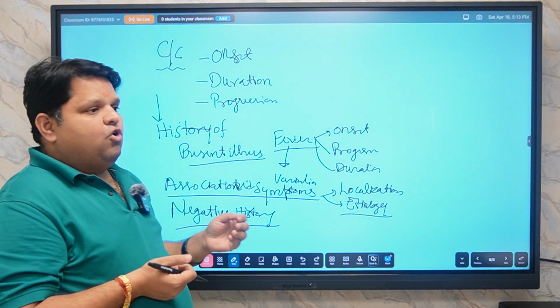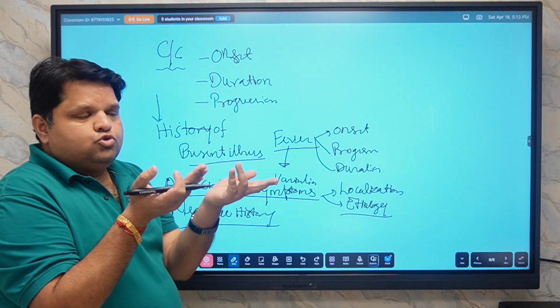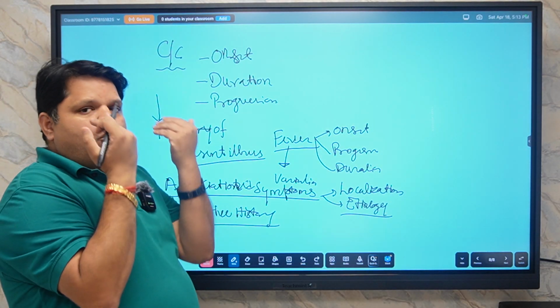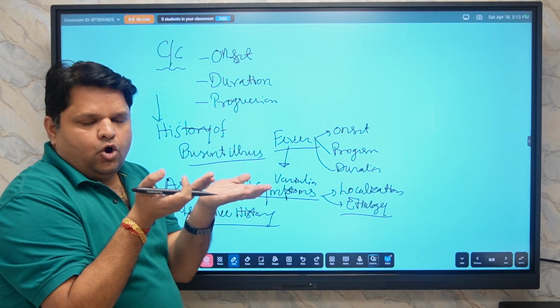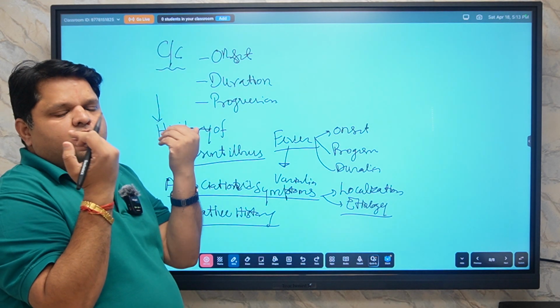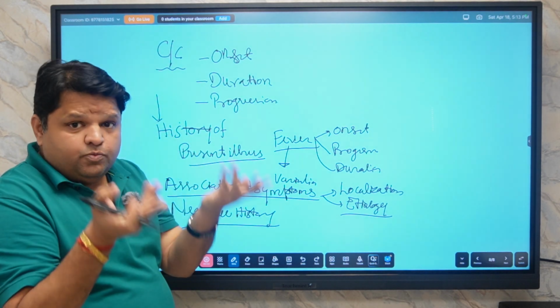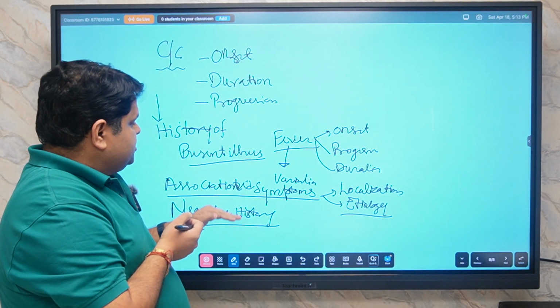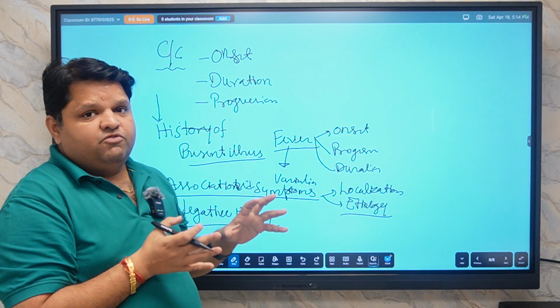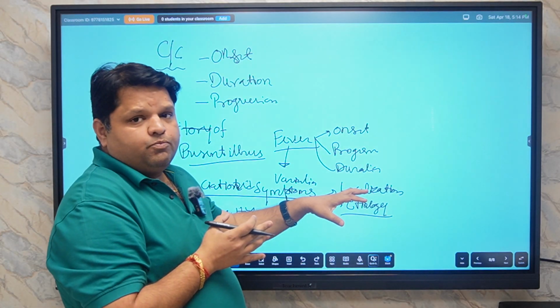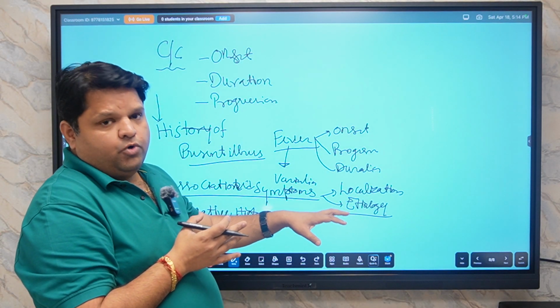If there is involvement of any vision loss, the lesion may be localized either in the optic nerve, anterior optic pathway, posterior optic pathway, optic chiasma, or in the occipital lobe. So negative history and associated symptoms we mainly ask from the localization point of view and the etiology point of view.